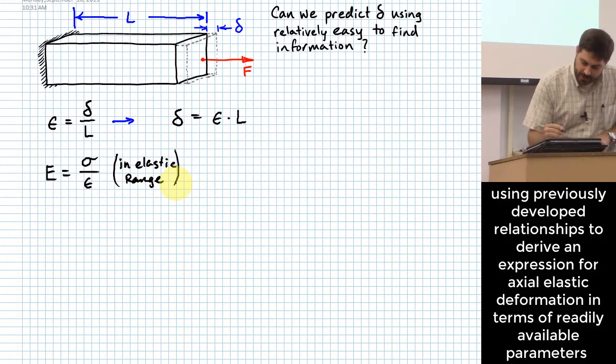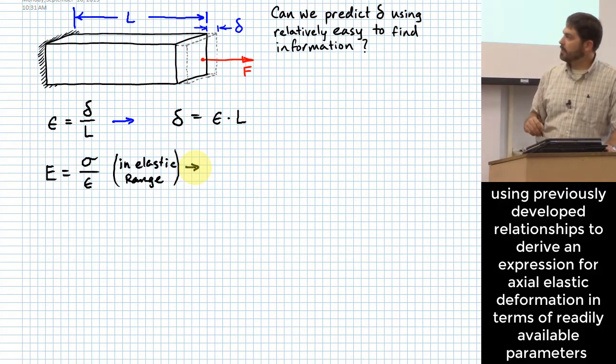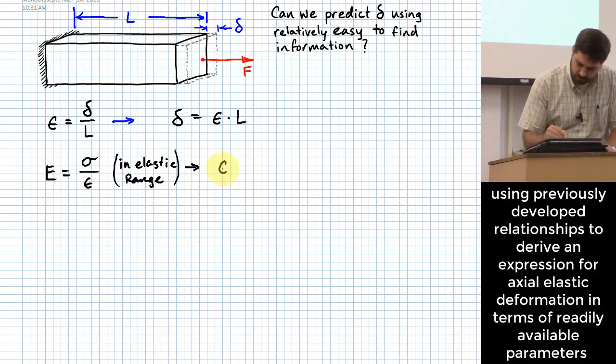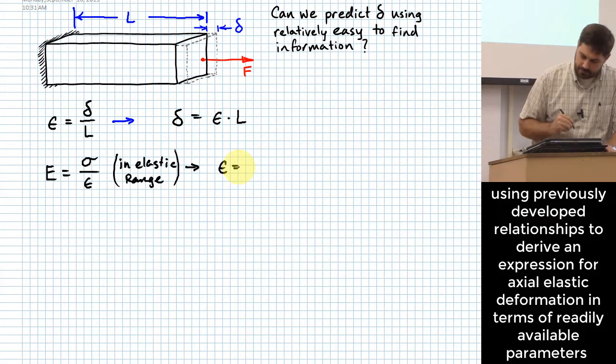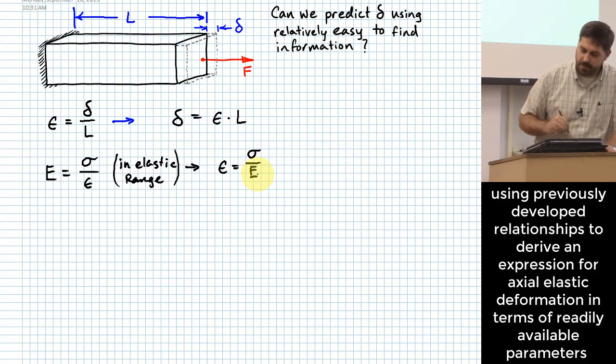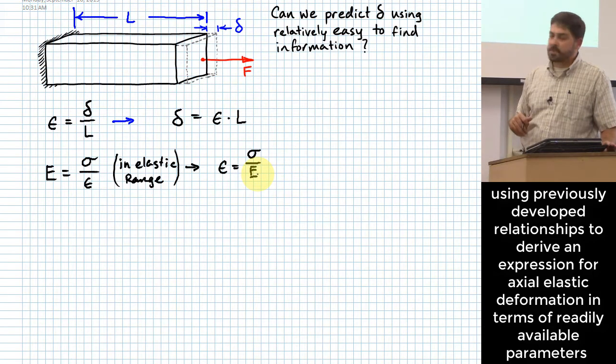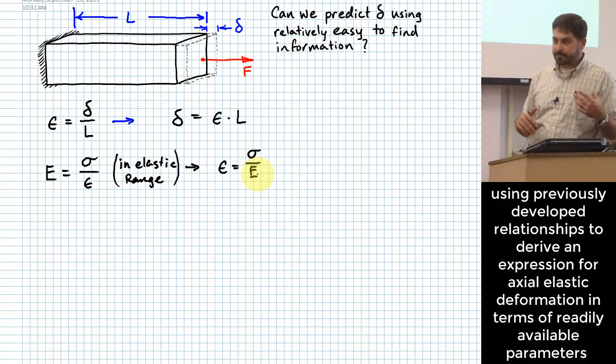But I can take this and solve it for epsilon if I so desire, and what would that give me? Epsilon, strain, should be equal to sigma, stress, over elastic modulus.